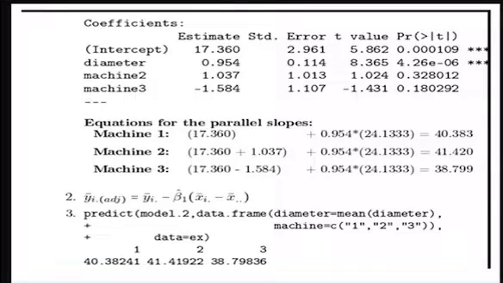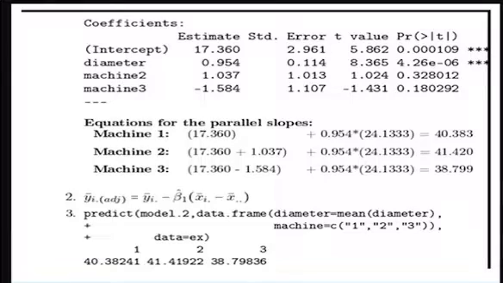Now, if I want to do that manually for machine 1, of course, it's just going to be 17.360, which is the intercept, plus, where do I get the 0.954? The 0.954 is the slope of the diameter multiplied by 24.133. That is the overall mean of the diameter.